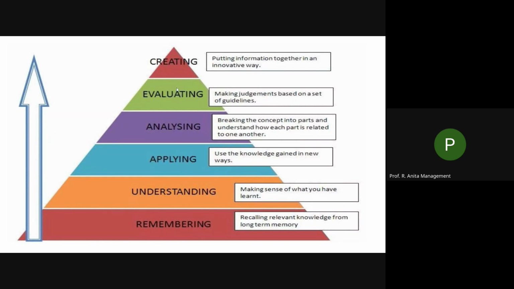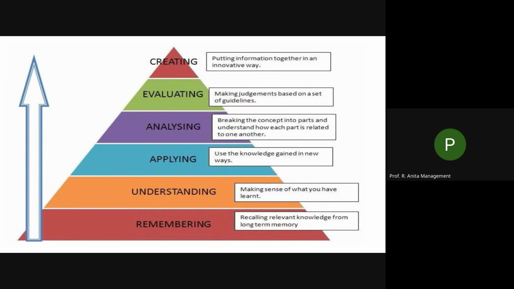These are higher order thinking skills. Or are we just focusing on remembering, understanding, and applying? So, what are the levels at which we are transacting the syllabus so that students gain these higher order thinking skills? For that, what are the types of teaching learning methods that we have to employ?